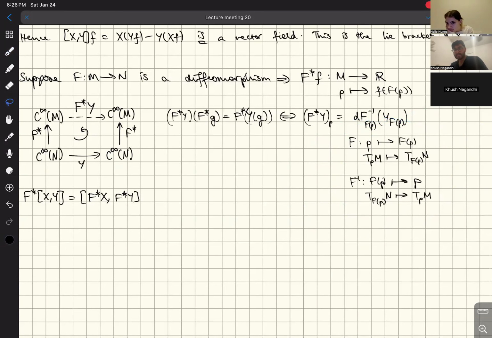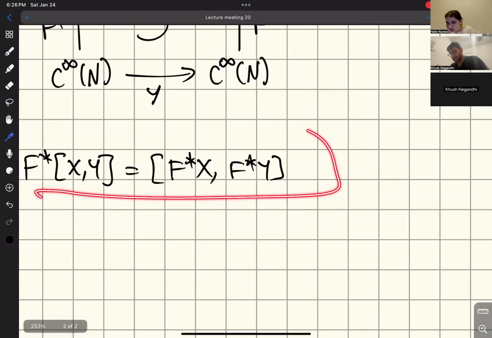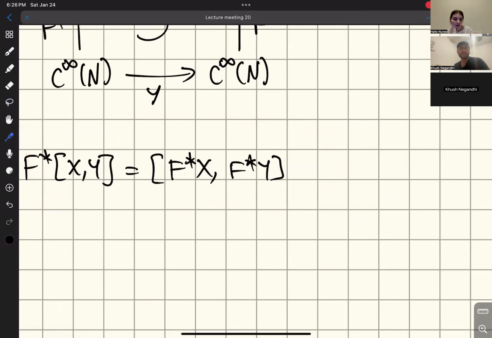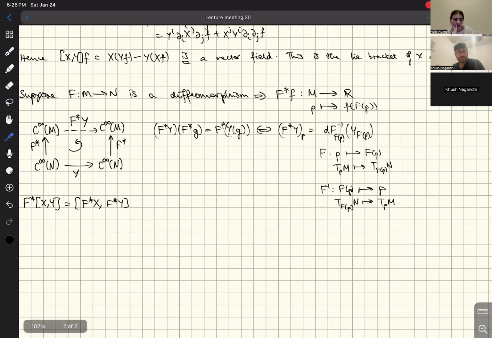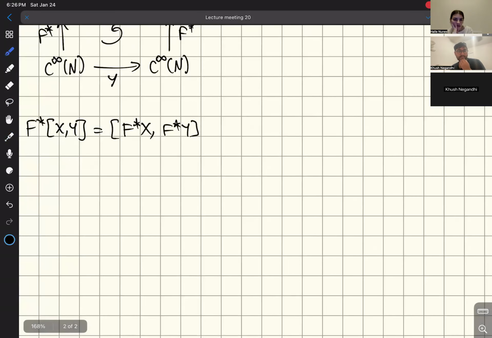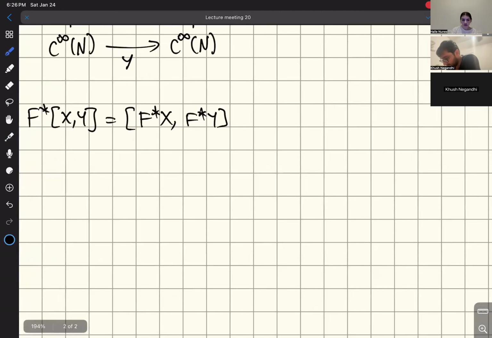I've outlined the proof of this in the exercises, as I've said, but this is a very important result that we will now make use of. So we're going to note the following. Let X be some vector field, not necessarily complete.